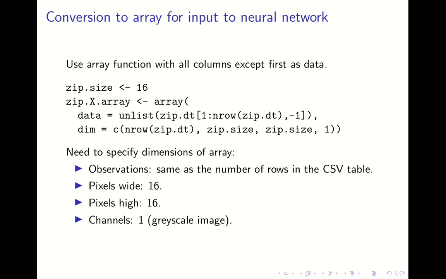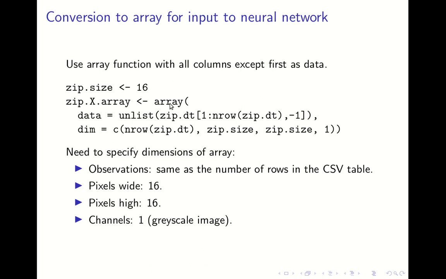After that, to plug into the neural network, we need our inputs as an array in R. So we can use this function array to create that. First we define the size of the images, so it's 16 by 16 pixel images again.